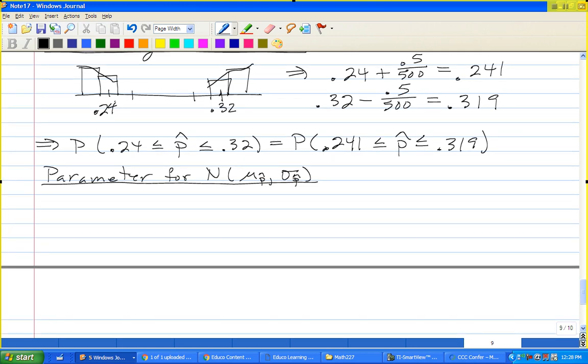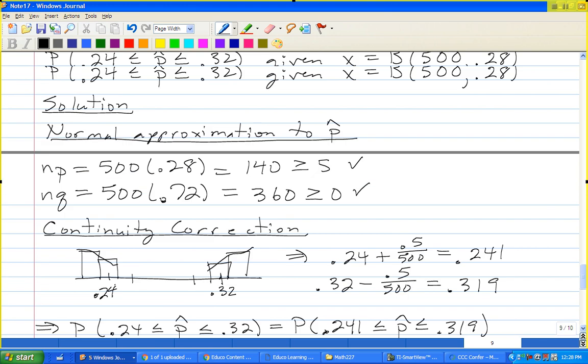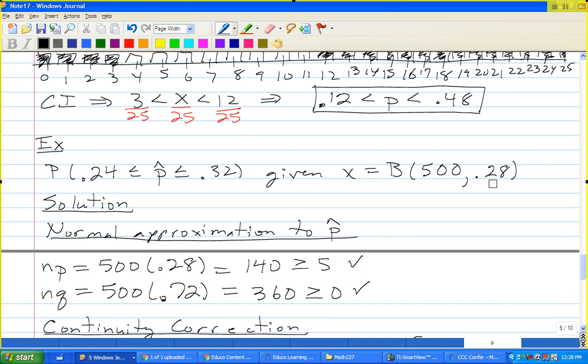And so the mean for the sampling distribution of all sample proportions is the population proportion, and the population proportion was assumed to be 0.28 from the above assumption.